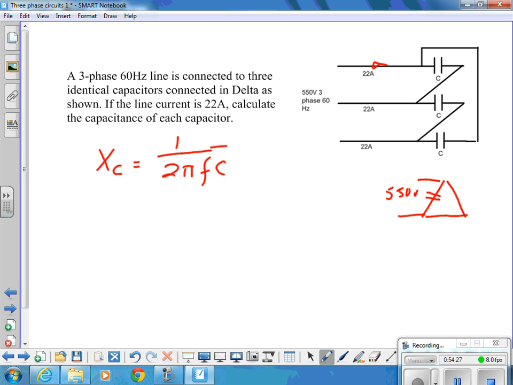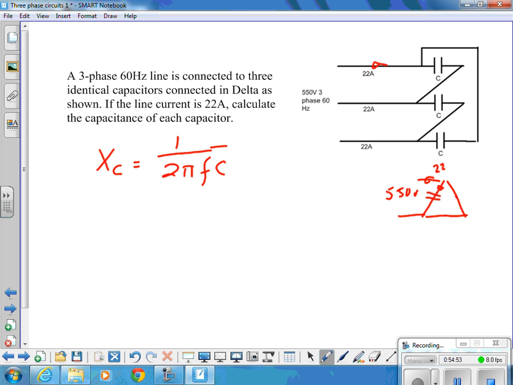We know this current, 22 amps. If we can find the phase current, we can use that and the voltage to find XC, can't we, using Ohm's law? These problems are really not much more than basic electrical calculations. They just seem more difficult.